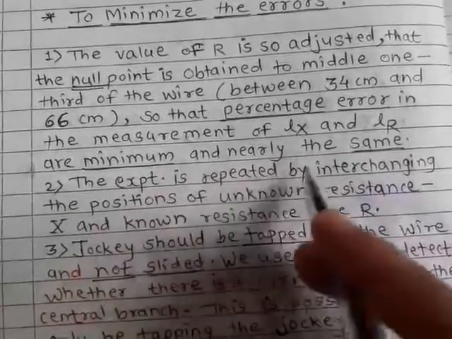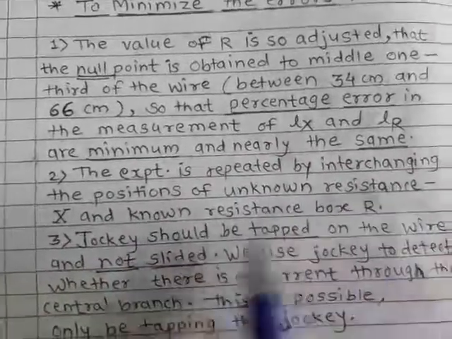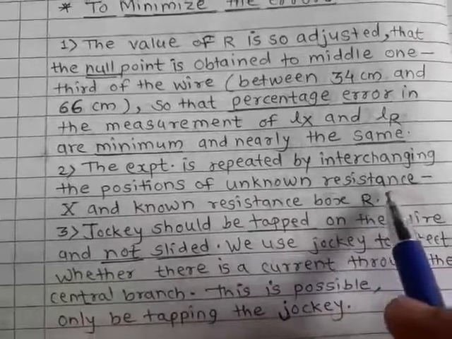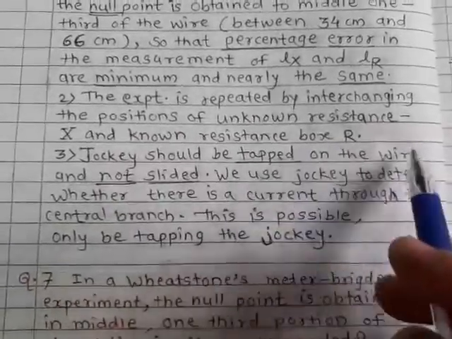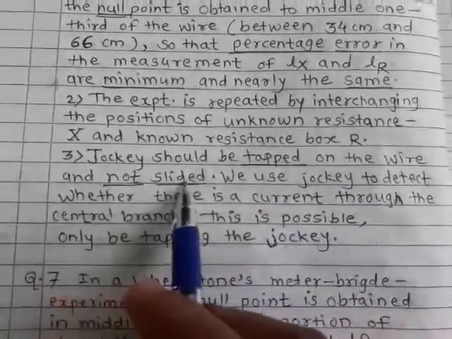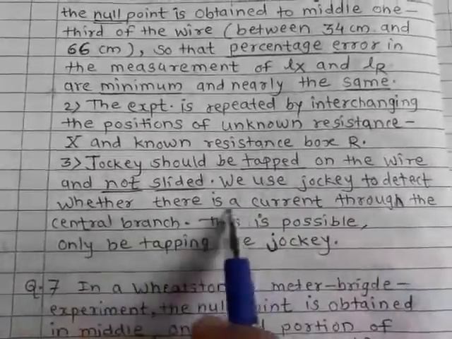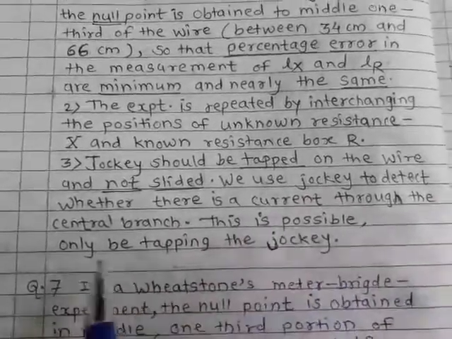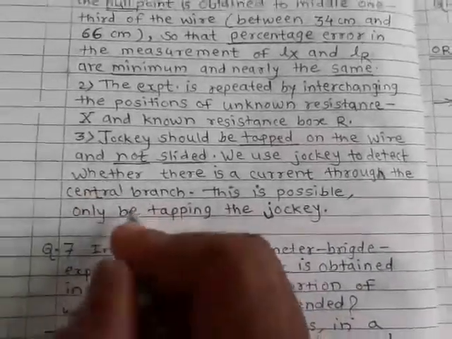The experiment is repeated by interchanging the positions of unknown resistance capital X and known resistance box capital R. Number 3. Jockey should be tapped on the wire and not slided. We use jockey to detect whether there is a current through the central branch. This is possible only by tapping the jockey.